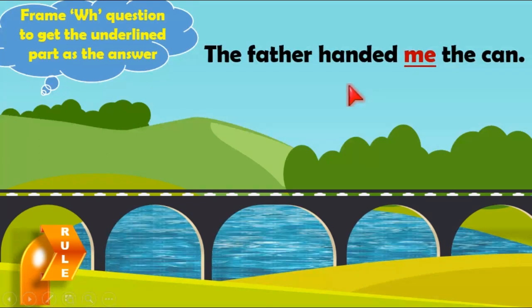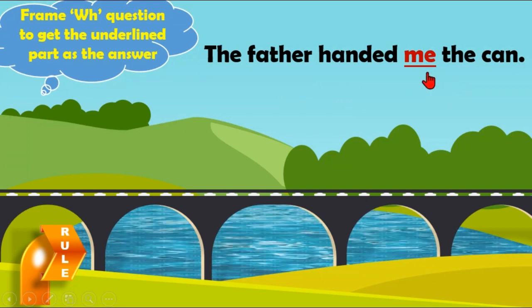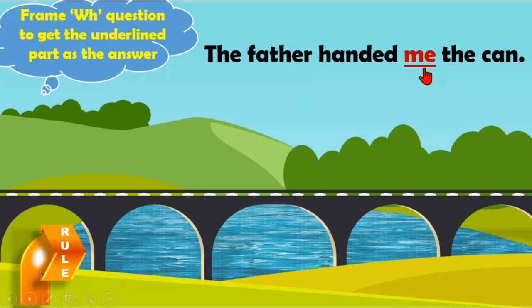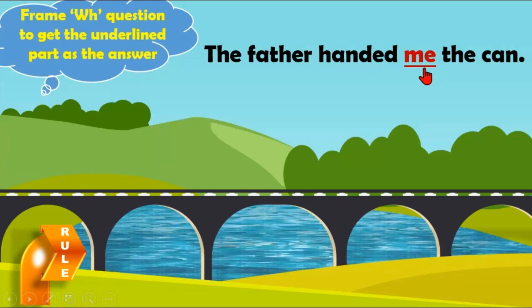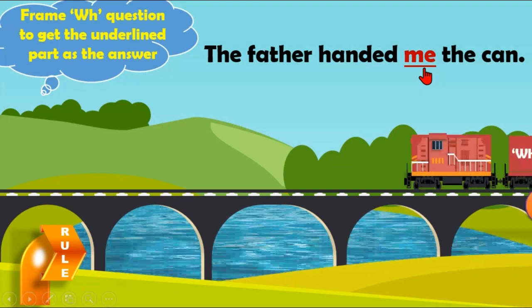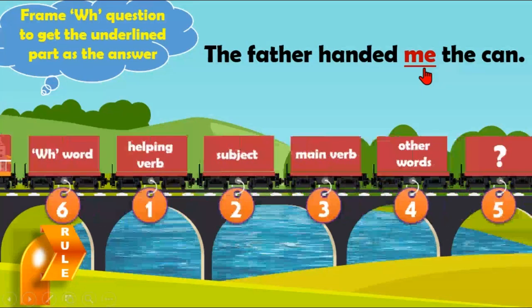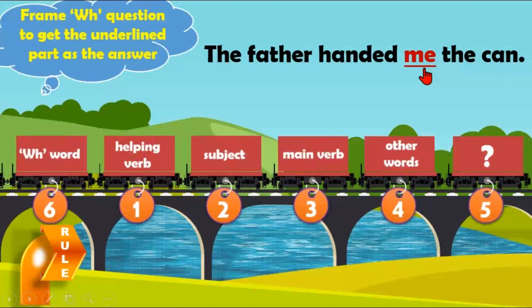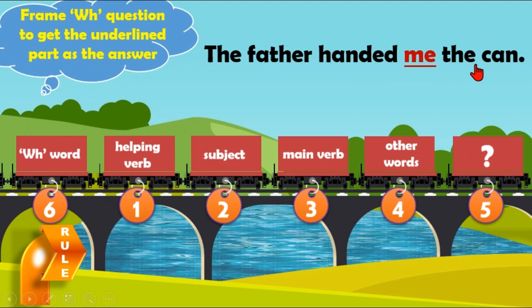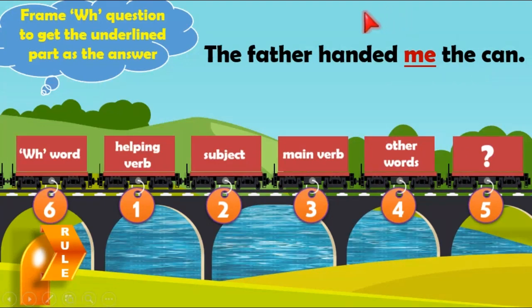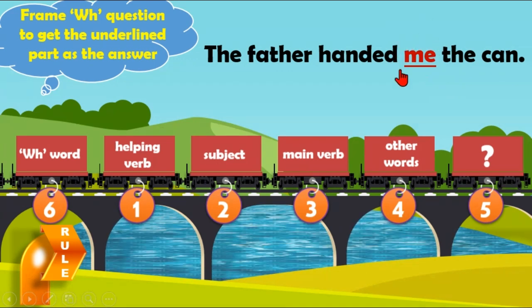Another example: the father handed me the can. The underlined part, me, is the object. So we have to get the answer me, that means the object.